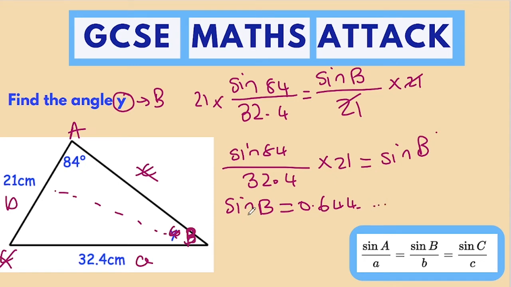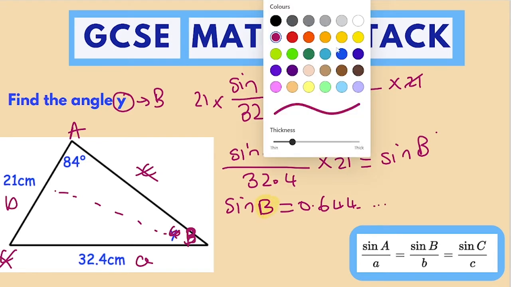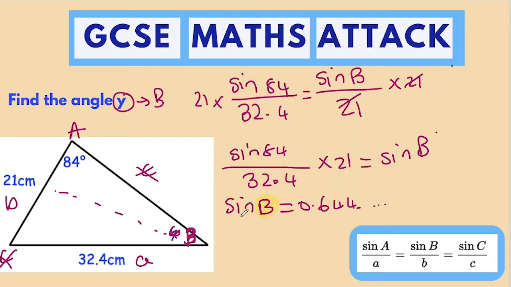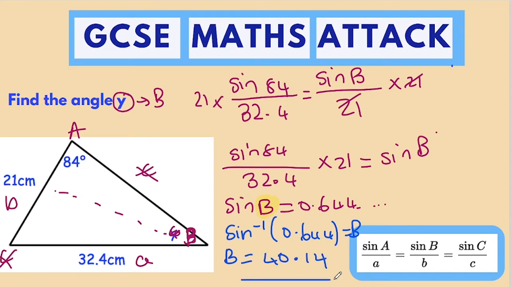Now I'm not interested in sine B, however I am interested in B. So how do I work out B? I need to do the inverse. So sine minus 1 of 0.644 will equal B. So B equals 40.14, and that is your answer.